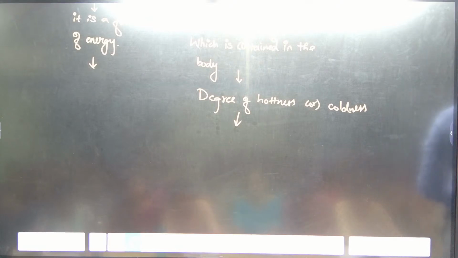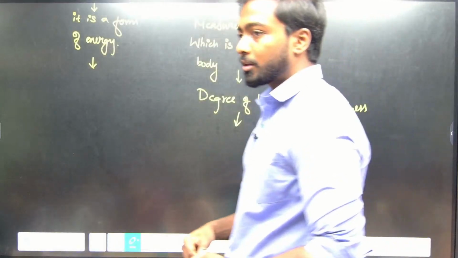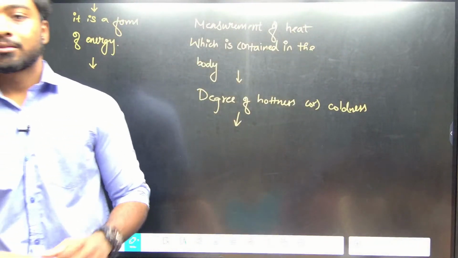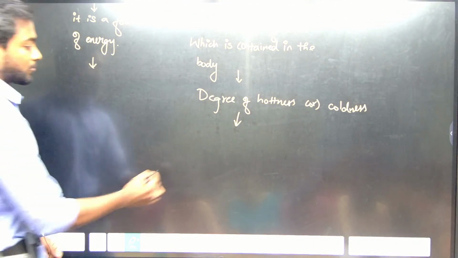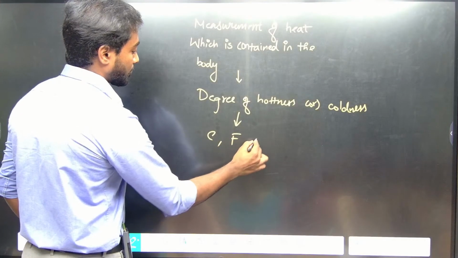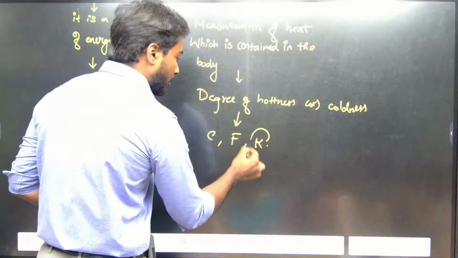The next point, there are many scales used to measure the temperature, like Celsius, Fahrenheit and Kelvin. In this, Kelvin is the only SI unit.